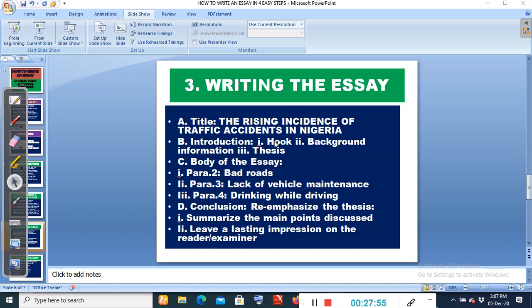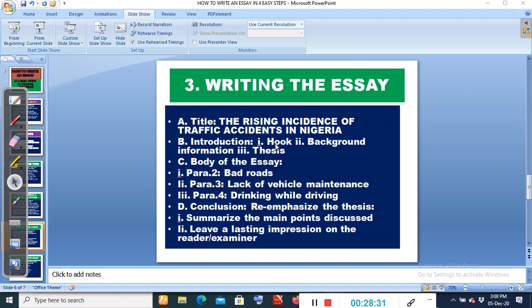And then after the hook, then comes the background information. You have to add some important sentences that will throw more light on the hook. The hook, by the way, is a general statement on the subject matter, that is the topic, and there are different ways. The hook can be a surprising fact or statistics about your topic.